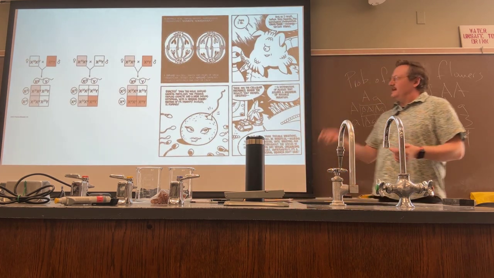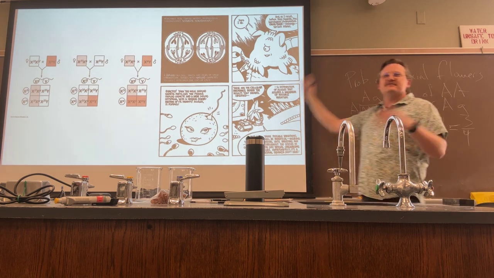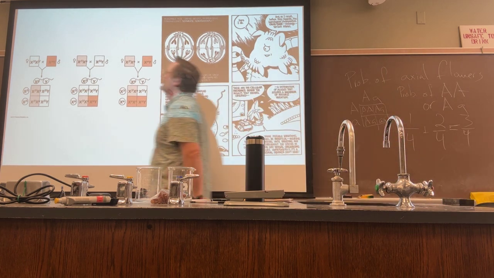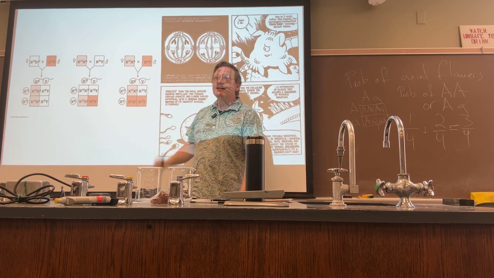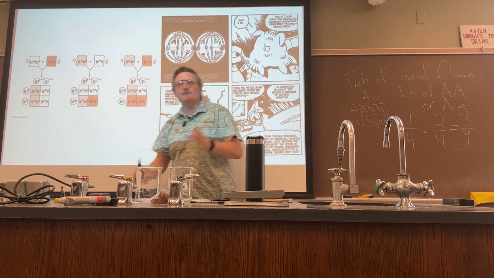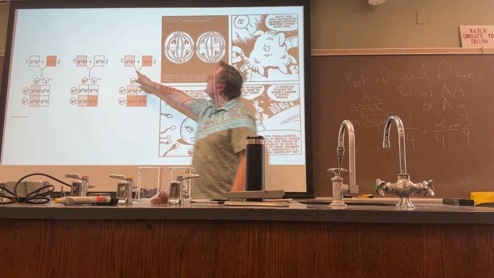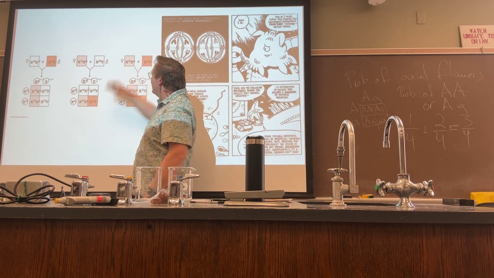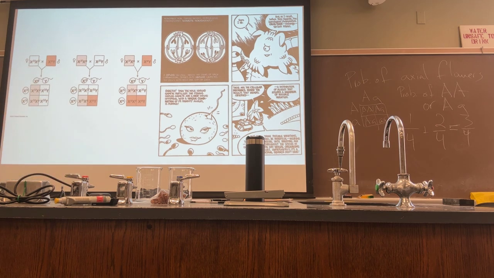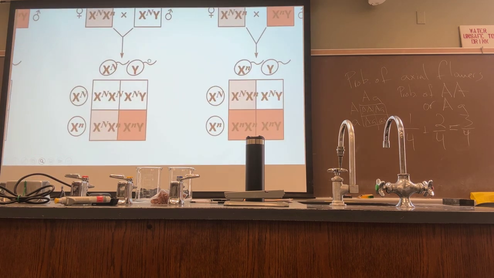So there's stuff about this in Stuff of Life. It's great. Read the book. Okay, cool. Here's how we talk about this. Here's the shorthand for it. All right? We've got the X chromosome. We've got the Y chromosome. And there will be a superscript after the X. Either an uppercase or a lowercase. The uppercase indicates the dominant allele.